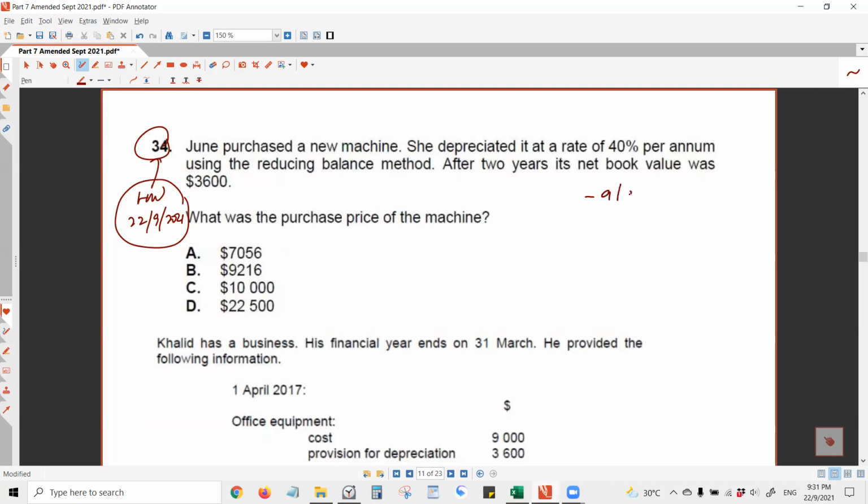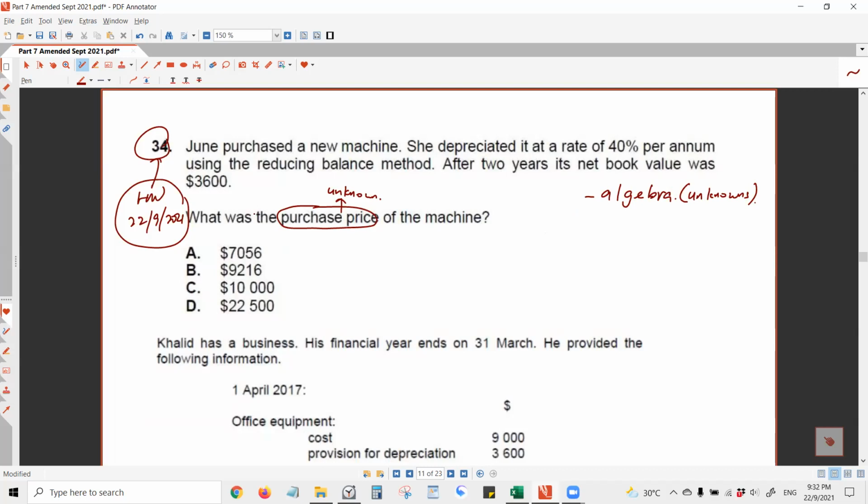First method is using the algebra method, where unknowns are involved. You regard this as the unknown, then you form a formula, then keep doing the derivation, then finally you find that unknown. This is one method.